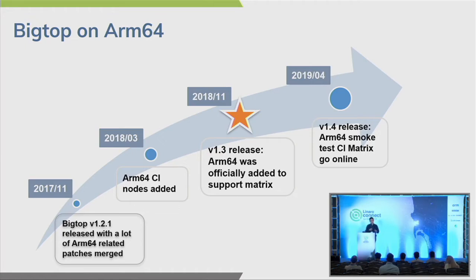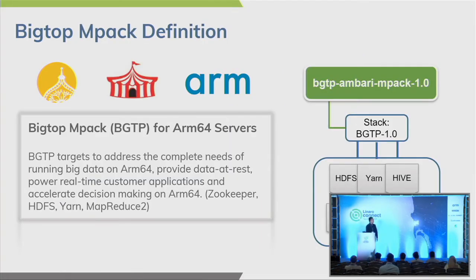Okay, and by using this fully ARM-supported Bigtop, we designed a new Bigtop Ambari Mpack, and this Mpack will help support the effective use of the Hadoop ecosystem for ARM users. This Bigtop Mpack targets the complete needs of running big data on ARM64, and also provides data at rest, powers real-time customer applications, and accelerates decision making on ARM64.